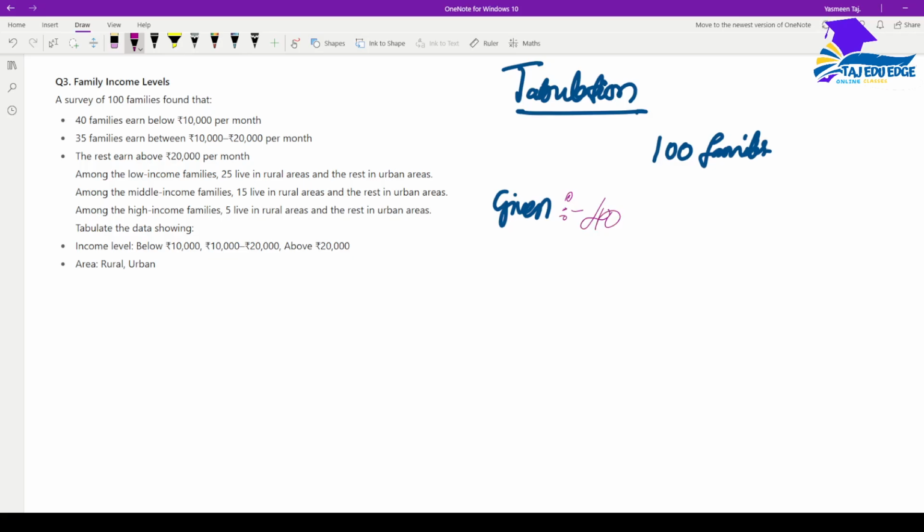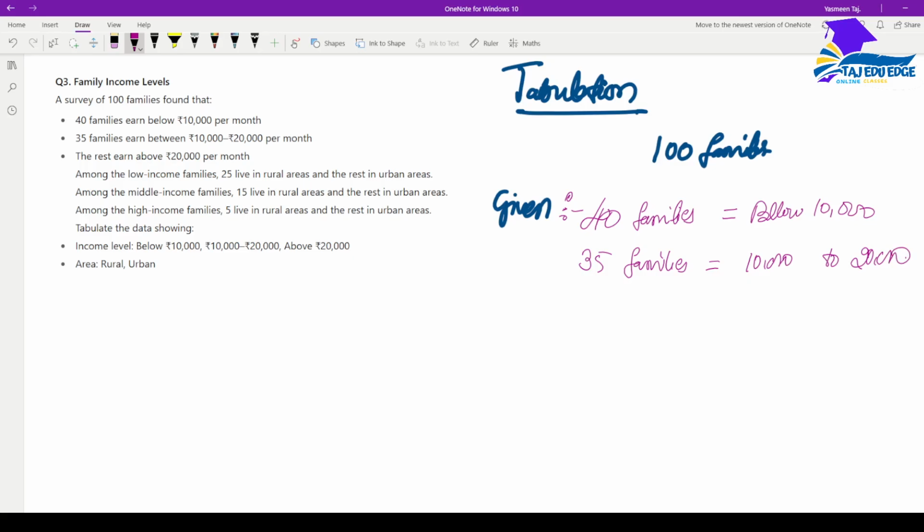So 40 families earning below 10,000, and 35 families earning 10,000 to 20,000 per month.